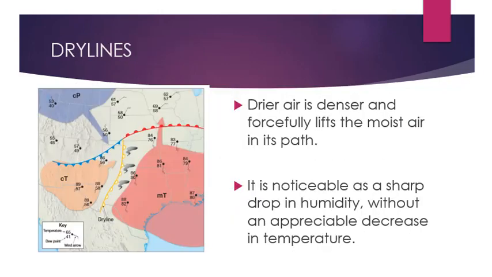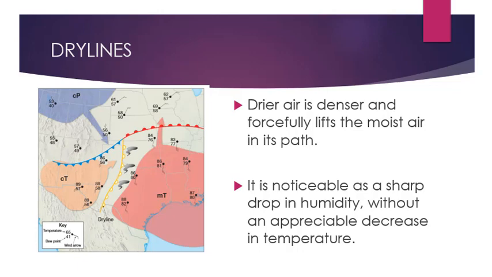Now let's have dry lines. Drier air, take note, is denser. Why? Because we have mentioned that we have, let's say, nitrogen and the other components of air, which are considered to be heavier compared to water vapor. So when the water vapor was replaced by those components, it will become denser.